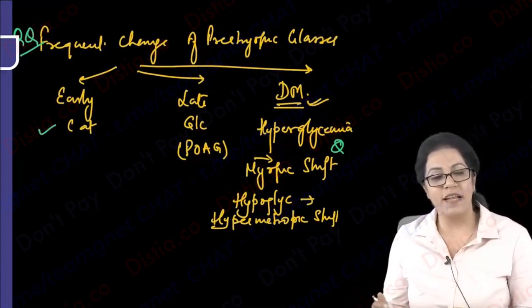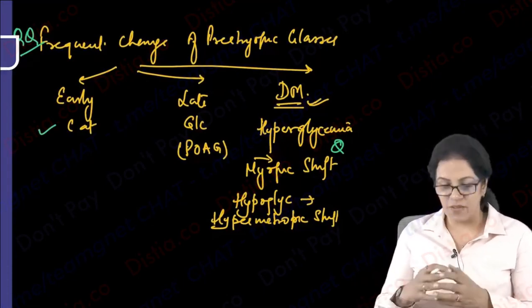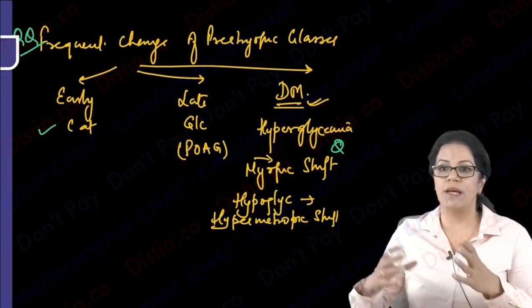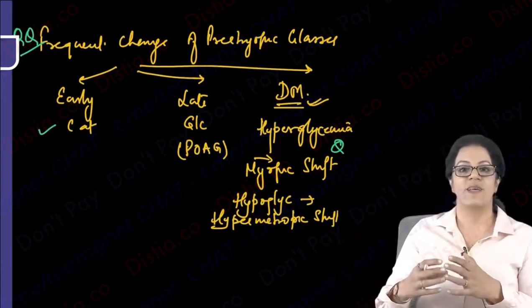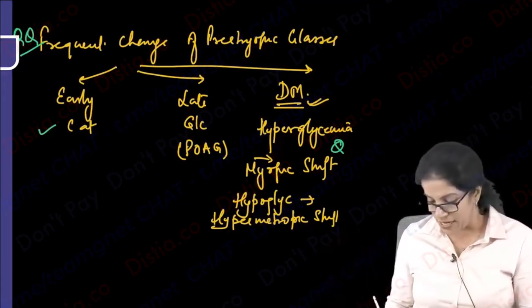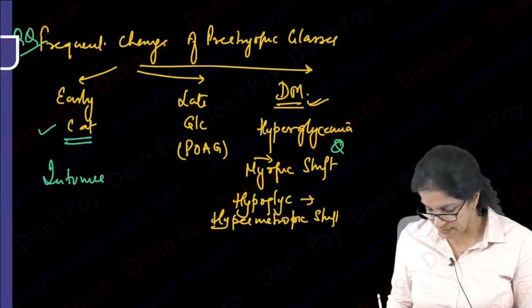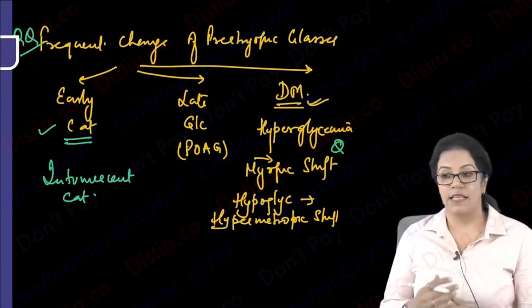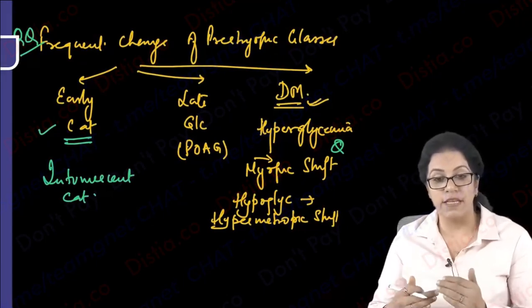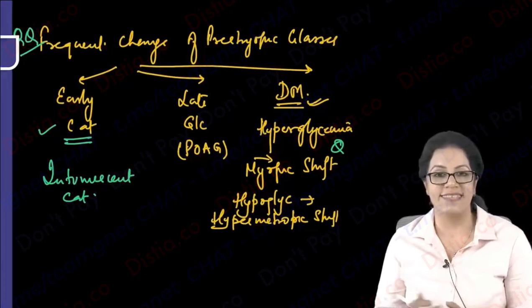What do we mean by early cataract? Intumescent. So when the water is more, swelling is more, it's a myopic shift. When the water is less, hypermetropic shift. So ultimately, we are mainly talking about early stage of cortical or intumescent cataract, where the amount of water is varying and therefore the refractive error is changing.